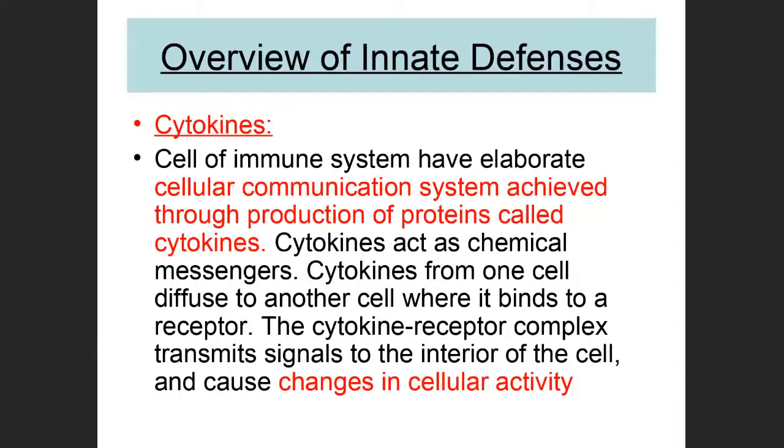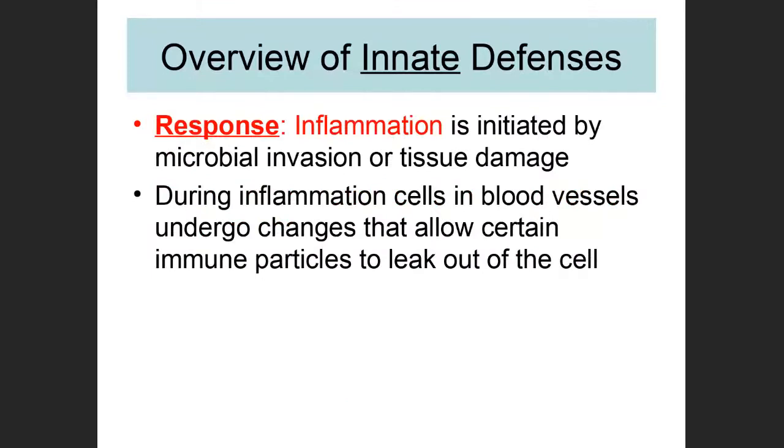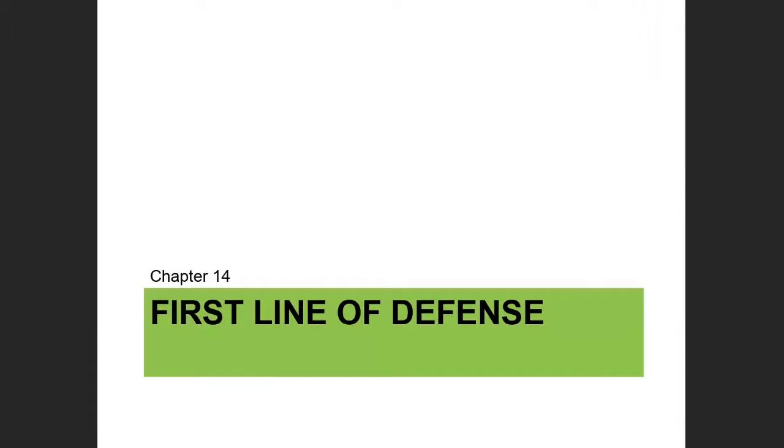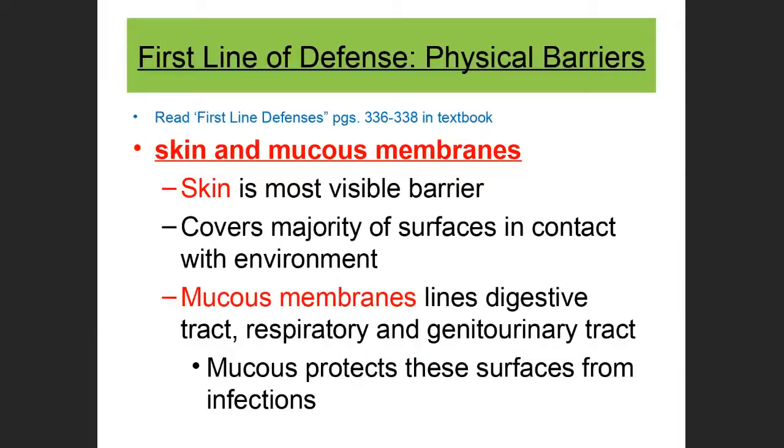Cytokines are chemicals secreted by cells, immune system cells sometimes, often, which are involved in the immune response. And then the overall response of innate immunity to a threat is inflammation. So we're going to go over these components and talk about them a little bit more extensively.